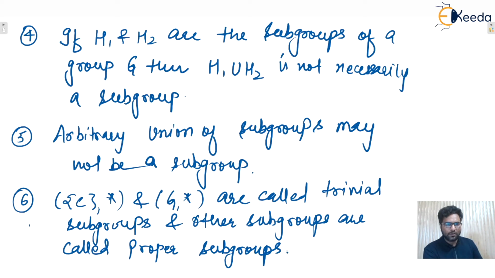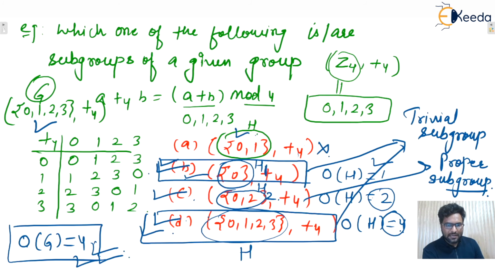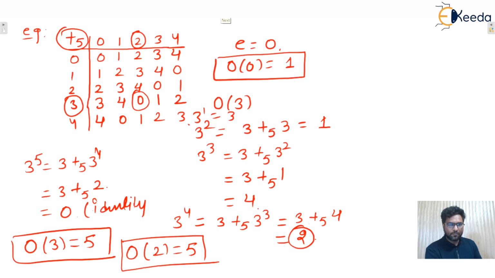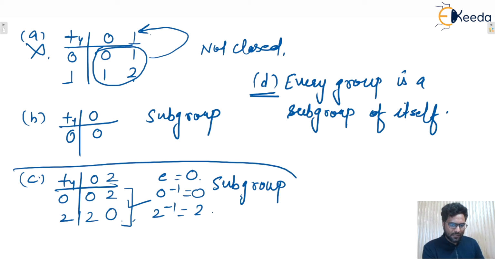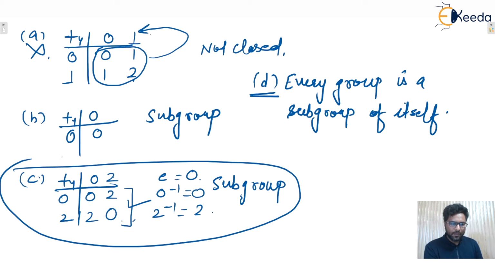Next one, remember this one also. Here are all the options A, B, C, D. One thing more, let's say option C is a subgroup of the given group. In both the subgroup as well as the given group, the identity element will be the same. For example, in option C, in this subgroup, the identity element is 0.